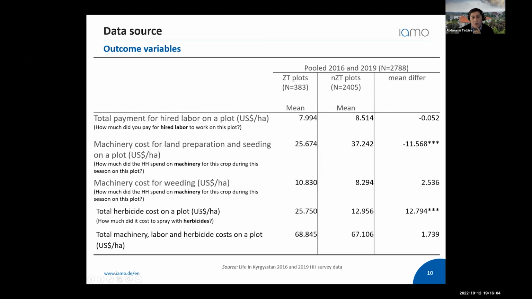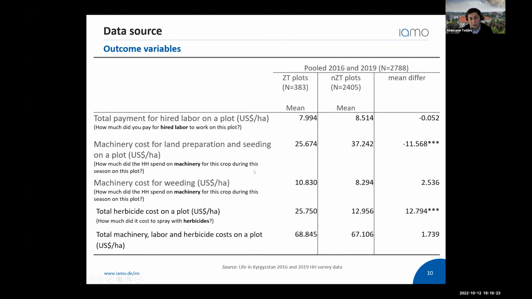However, machinery costs, total herbicide costs, and total cost are higher for zero tillage adopted plots compared to non-zero tillage adopted plots.